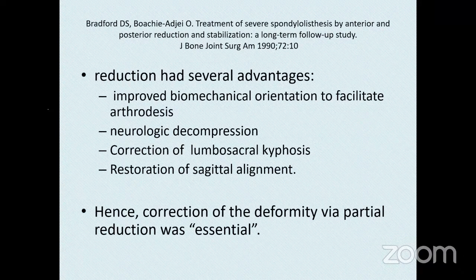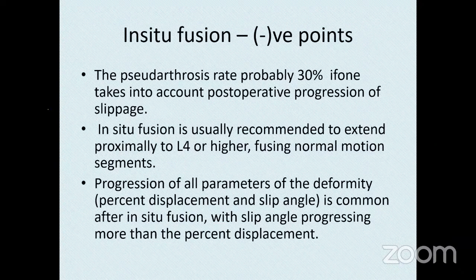It corrects the lumbosacral kyphosis and also restores the sagittal alignment. So whenever there is a lytic listhesis, try to reduce by putting in a cage, interbody fusion of any sort, and achieve as much as you can without causing too much strain on the nerve tissue.